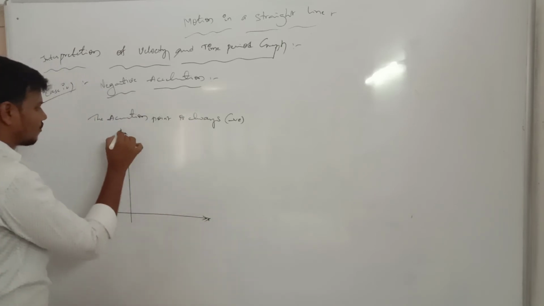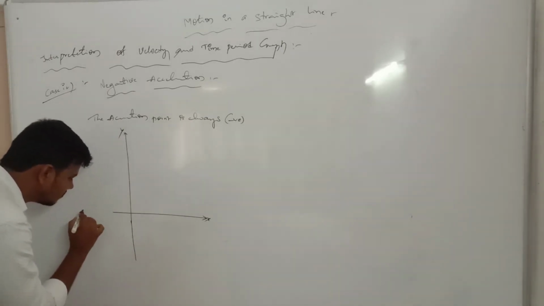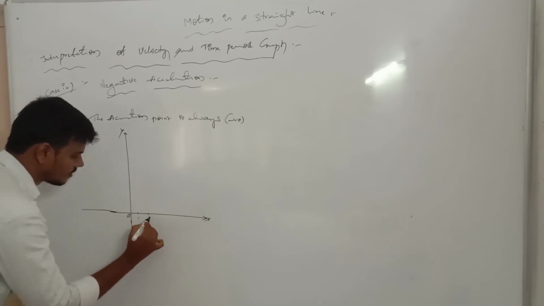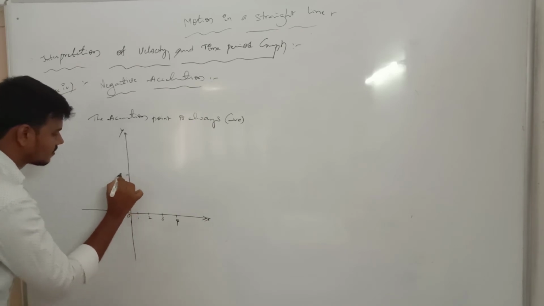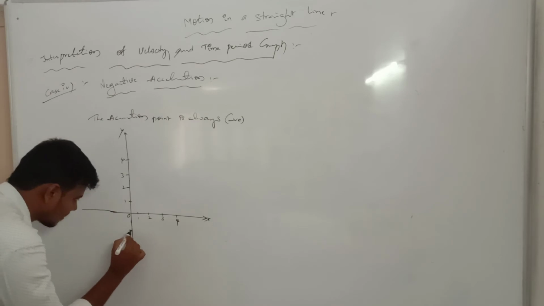X-axis is time period, y-axis is acceleration. Okay, this is 0, 1, 2, 3, 4, and on the negative side -1, -2, -3.